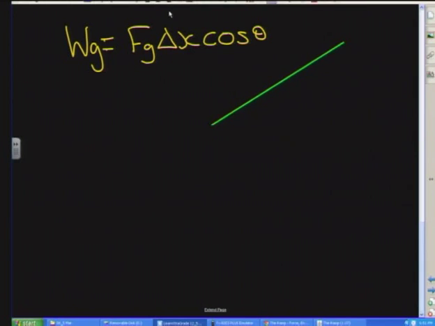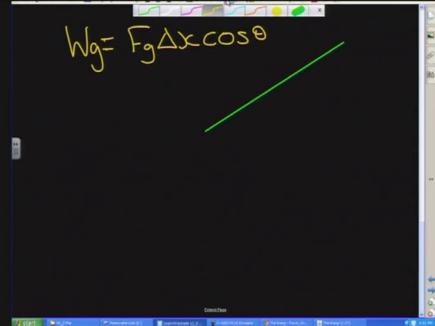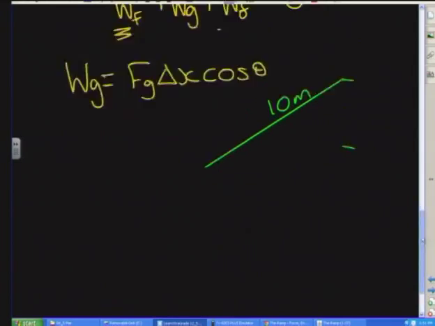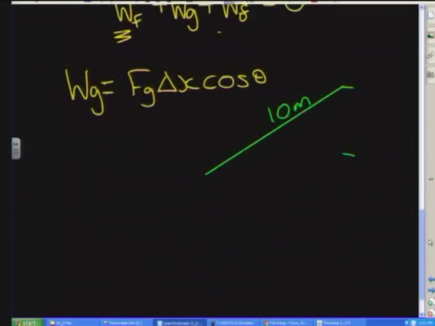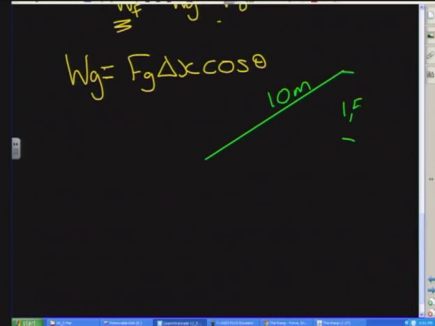We can play around with it. We've been told that the slope is 10 meters long, and we know that it's a certain height. Let's check our information again. There we go, it's 1.5 meters high.